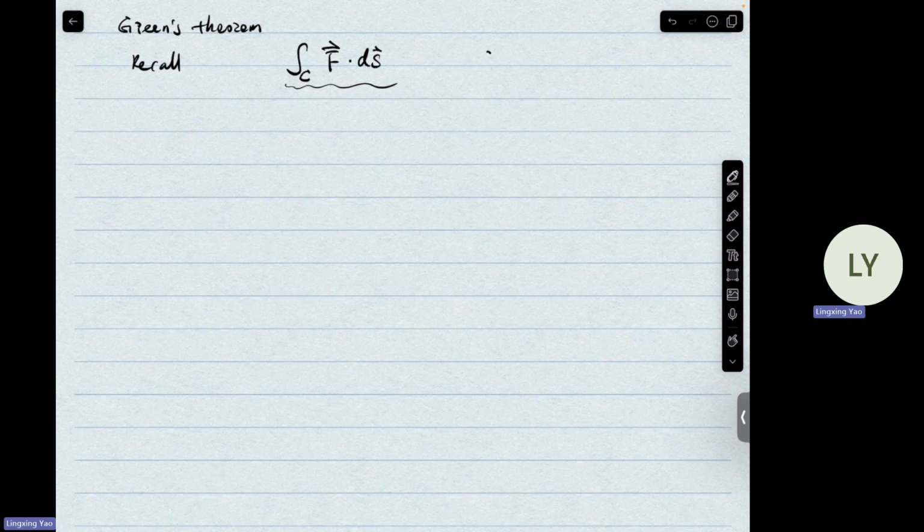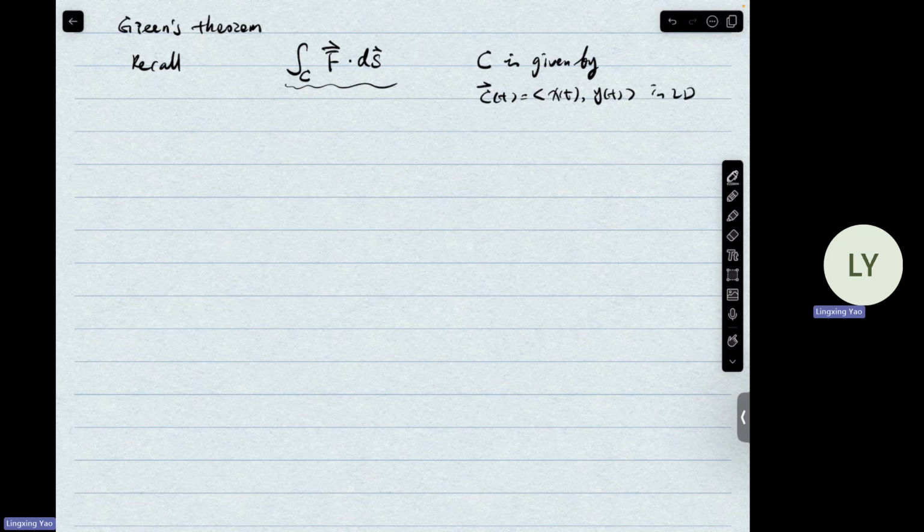And here C is given by this vector valued function C of t. Depending on its dimension, we have C of t to be a two-dimensional vector.